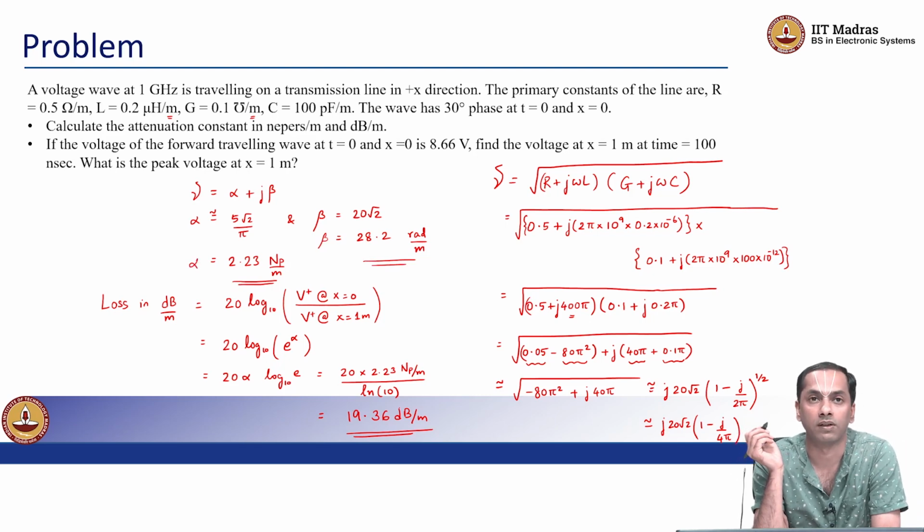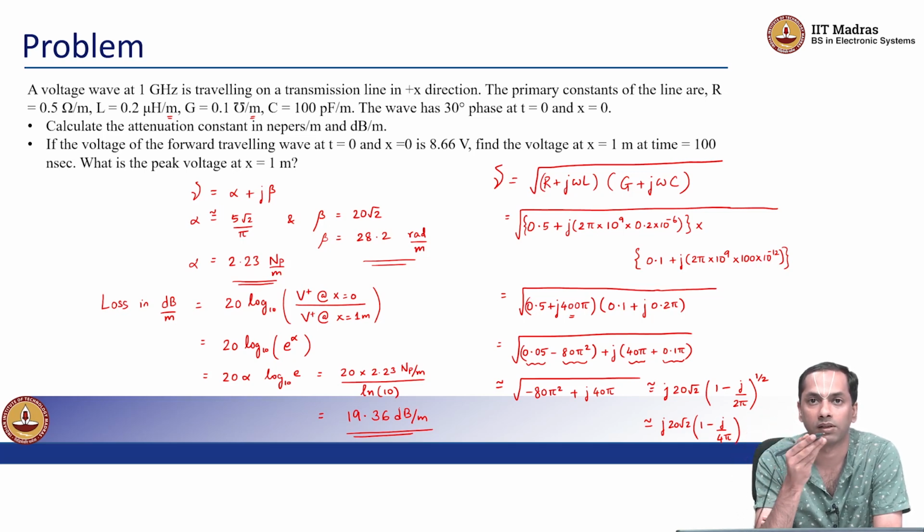Okay. So we have concluded solving for the first bullet. So the loss or the attenuation constant in nepers per meter is 2.23 nepers per meter, and in dB per meter it is 19.36 dBs per meter, right. In some very simple sense, let us assume 20 dBs per meter for conversation.